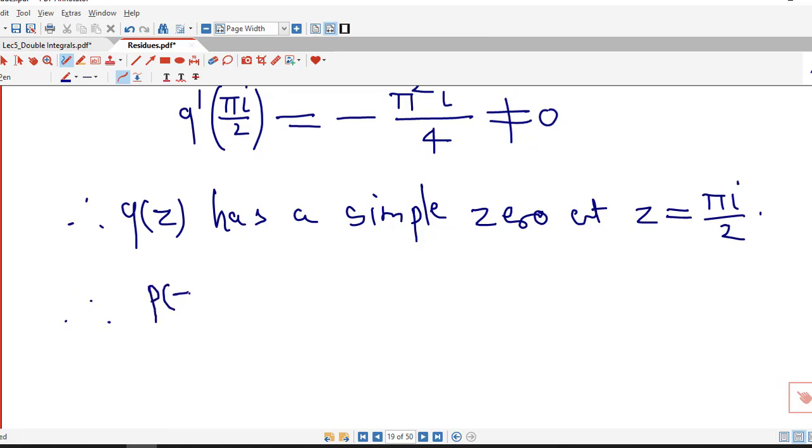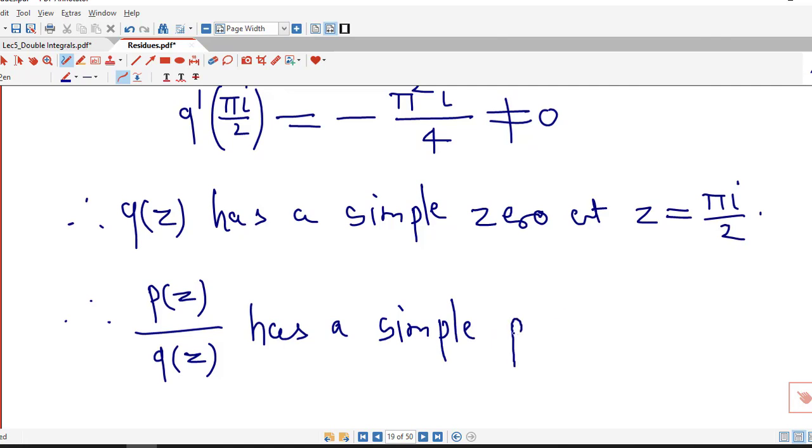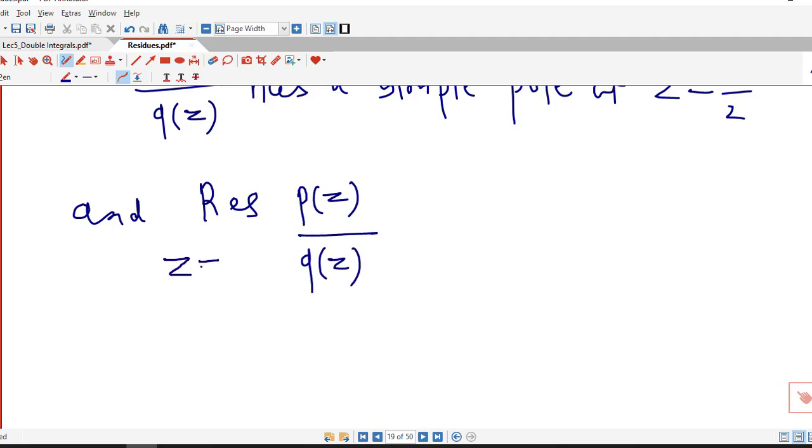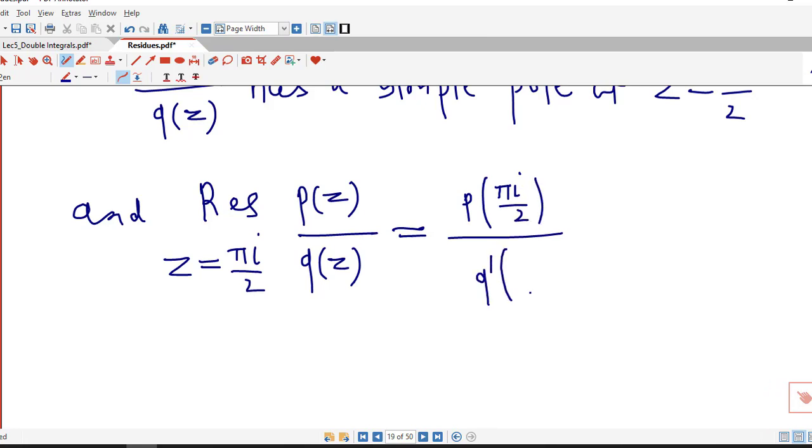So therefore p(z) over q(z) has a simple pole at z equal to pi i by 2, and the residue of p(z) over q(z) at z equal to pi i by 2 is given by the value of function p at pi i by 2 divided by the value of function q dash at pi i by 2.